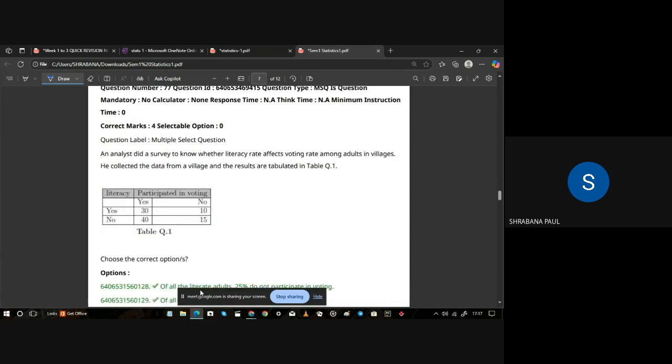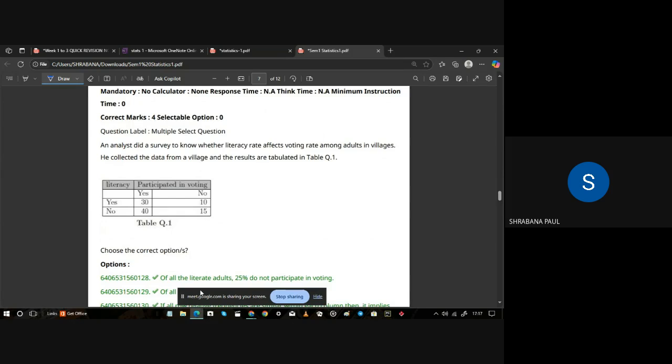नेक्स्ट क्वेश्चन, देखो, an analyst does a survey to know the literacy rates and voting among adults in the village, he has collected data from the village and the result is completed. देखो, literacy rate yes, पढ़ा-लिखा है और अनपढ़ है, yes or no. Participate in voting, yes or no, it's given.